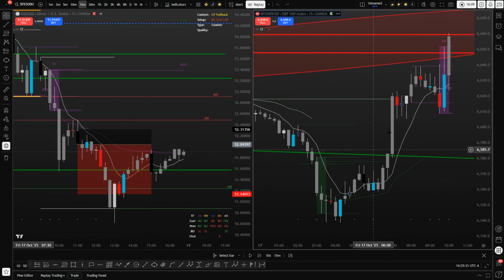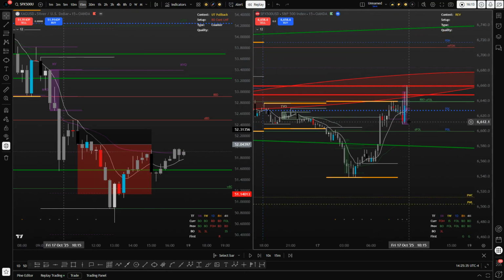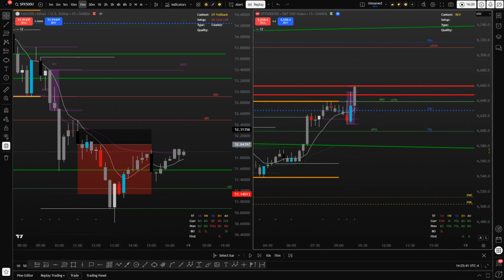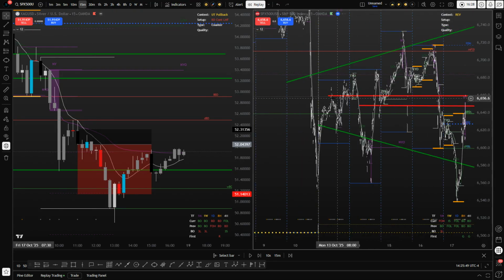Over here, we had an equally, well, I wouldn't say equally, but we had an opportunity here to be going long. What I would say is that we had this nice switch bar and follow through, but straight into resistance.